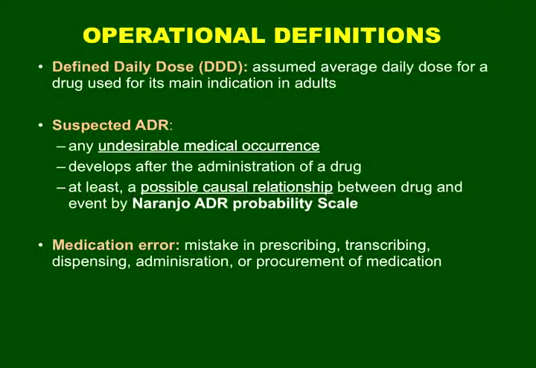We define a defined daily dose, DDD, as the average daily dose of a drug given for its main indication among adults. And a suspected ADR as any undesirable medical occurrence that develops after the administration of a drug and with at least a possible causal relationship as measured by the Naranjo ADR probability scale.